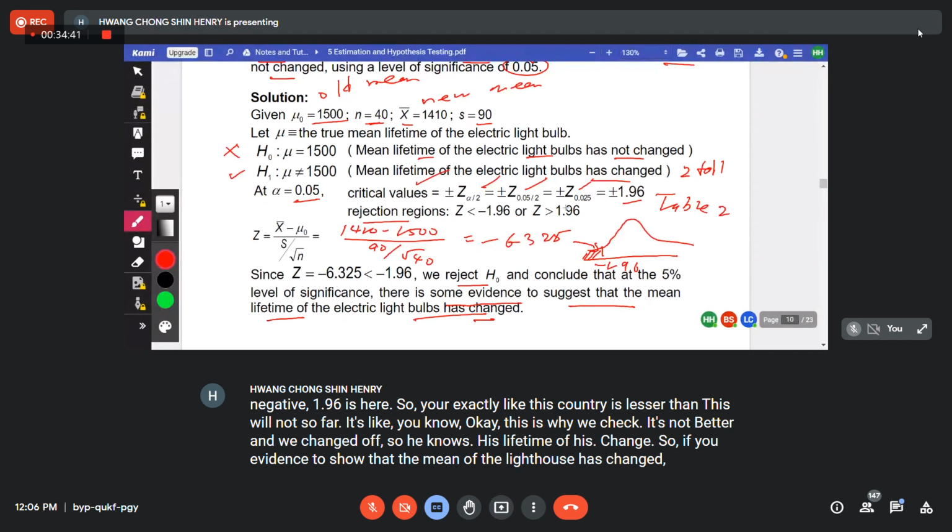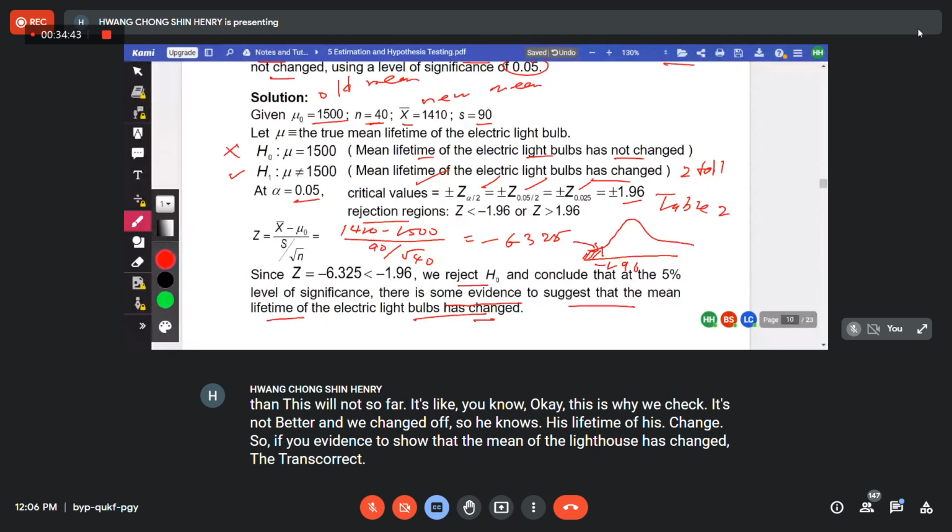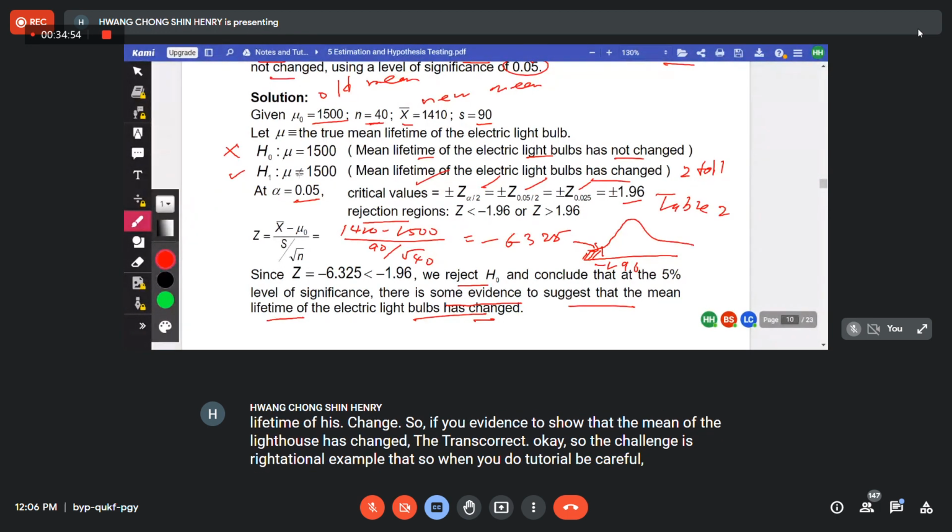Which one is correct? So the challenge is to write H0 and H1. You see, everyone, I showed you two examples, you already can see that. So when you do your tutorial, be careful. Don't write the symbol wrongly, because if you do, two-tailed becomes one-tailed, and one-tailed becomes two-tailed.